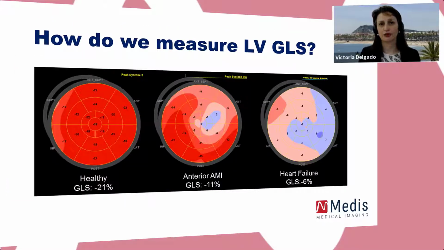Here, for example, you can see the different patterns of global longitudinal strain. In a healthy individual, the values go between -18 and -22.